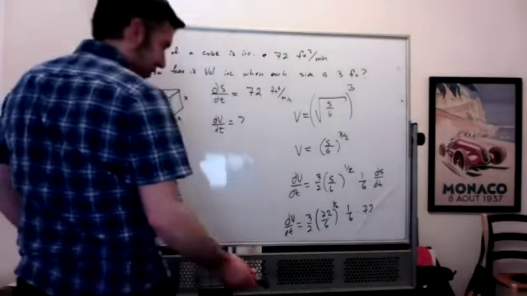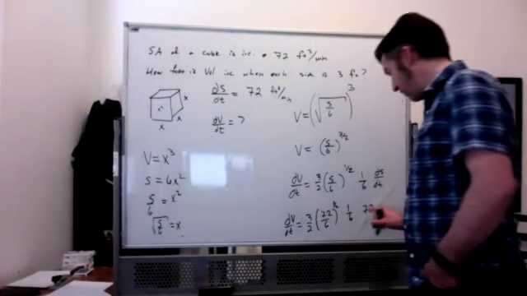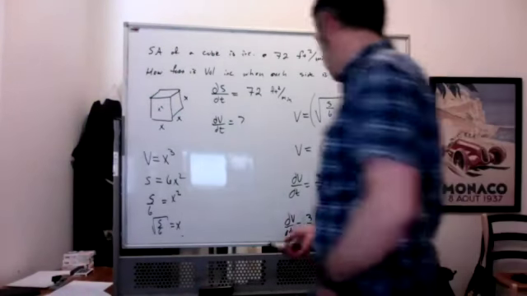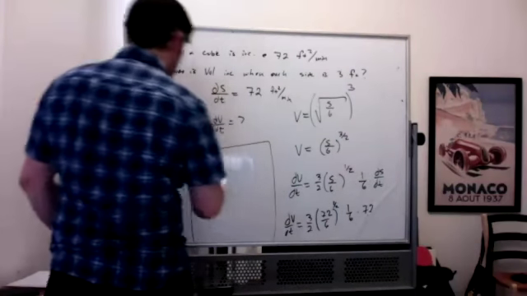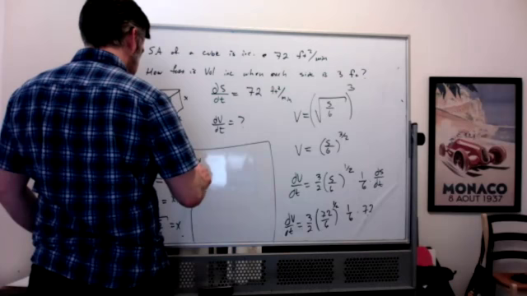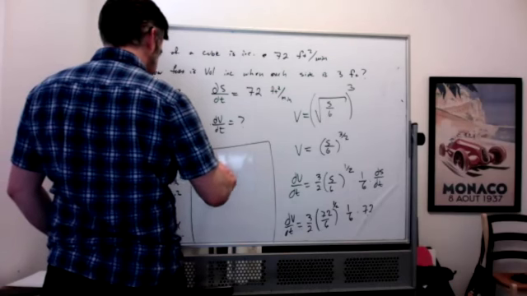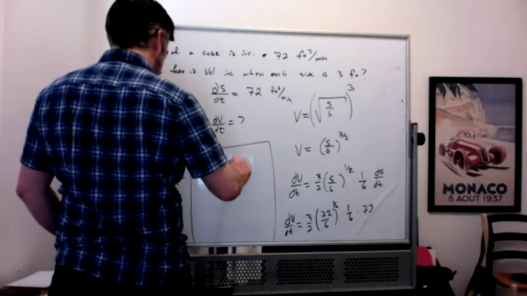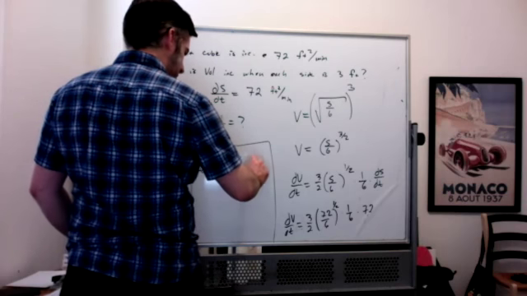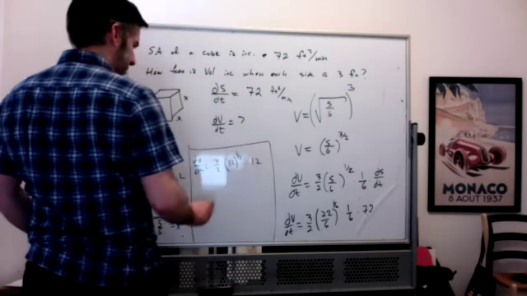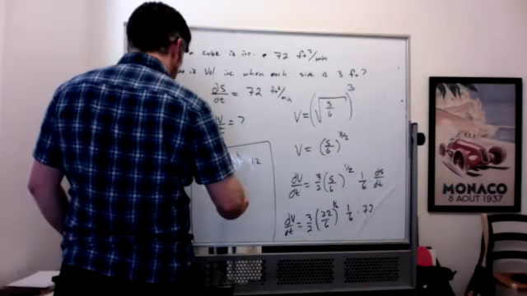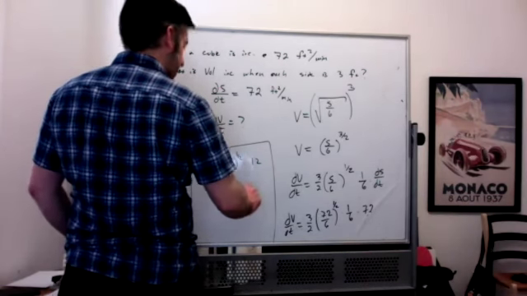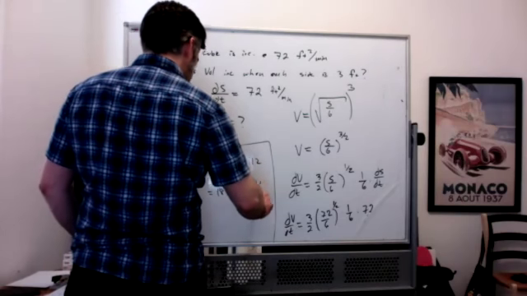We end up with, let's see, 72 divided by 6 is 12. So dV/dt is equal to 3/2 times 12 to the 1/2 power times 12. And 12 times 3/2 is 18. So it's 18 times the square root of 12, and that's cubic feet per minute.